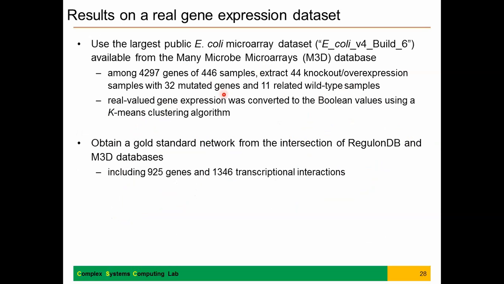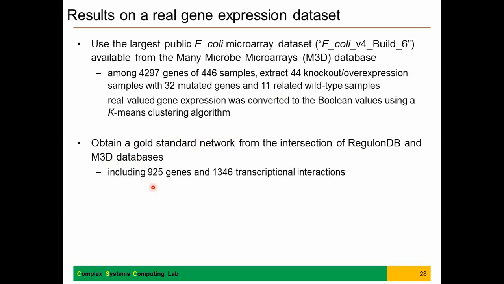And we also conducted the experiment using an independent dataset. We used the E. coli microarray dataset. It contains 446 samples. We extract 44 knockout operation samples with 32 methylene and 11 related wild-type samples. And we also obtain a gold standard network from the intersection of the DB and MQD databases.